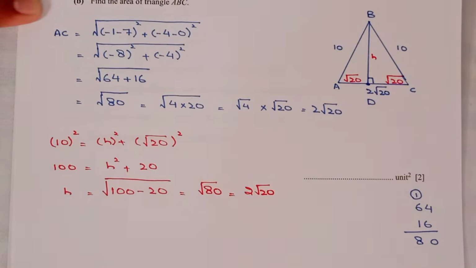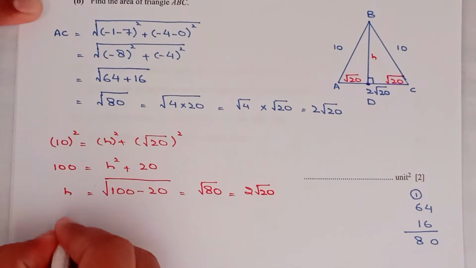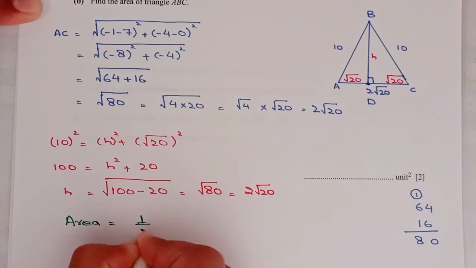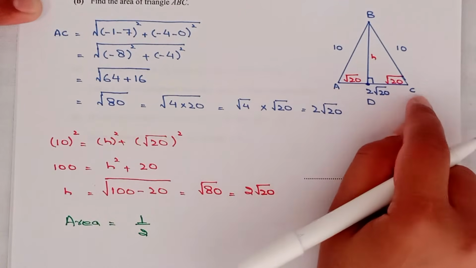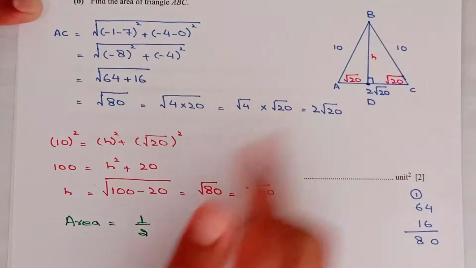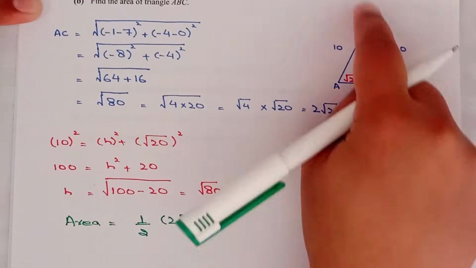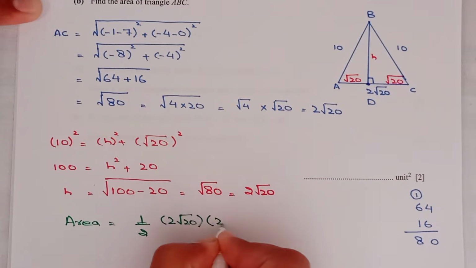Now we are going to use the formula for the area of a triangle, which is half base times height. The base is AC, so the value for AC is 2 square root of 20, times the height. The height is also 2 square root of 20.